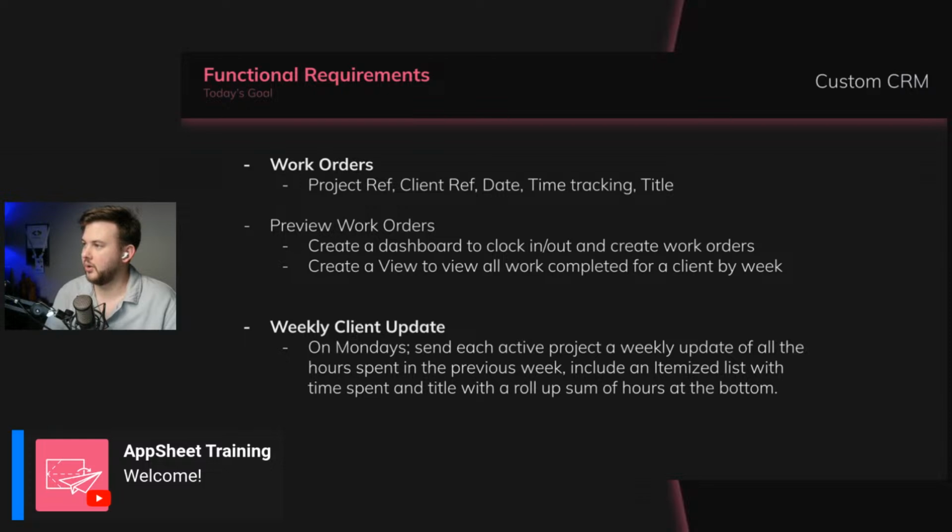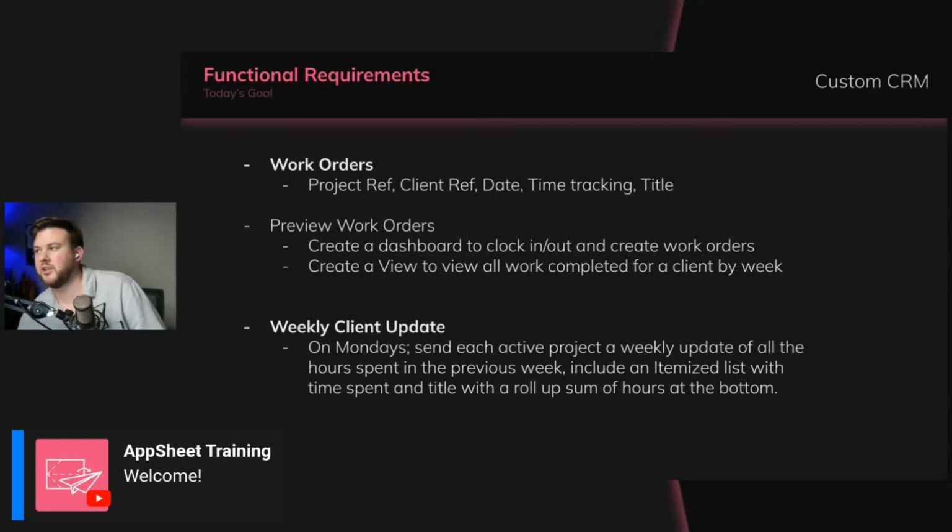We want those people to be able to clock in to this project and track their time and track what they're working on, as well as send the client at the beginning of each week the previous week's hourly report.